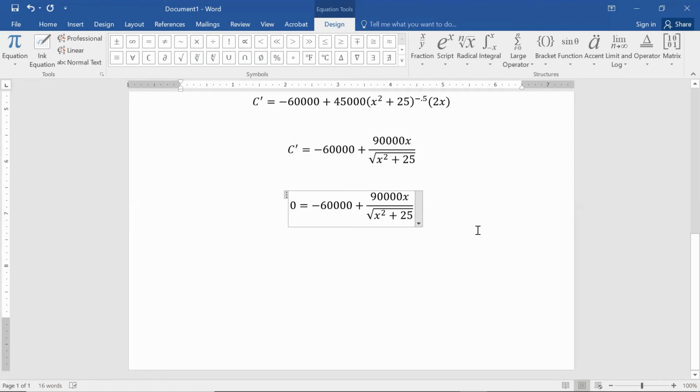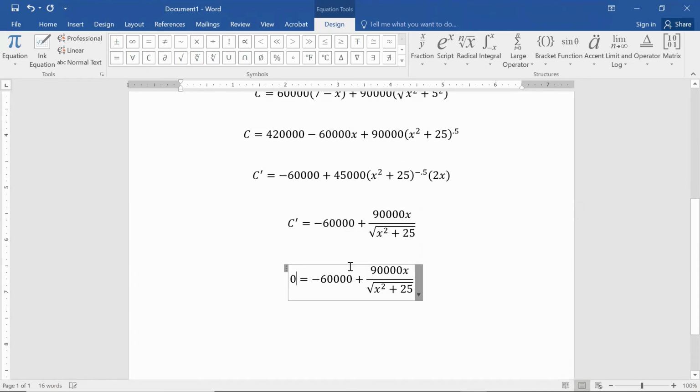At this point, we want to solve this equation so that we can get the critical values or critical value.